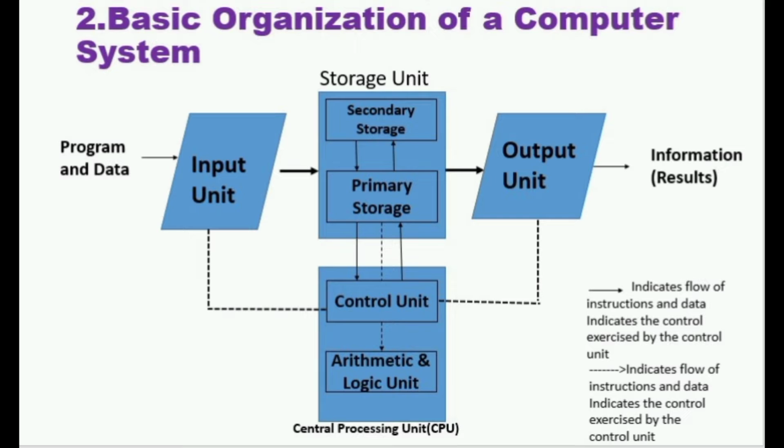Okay, so now we have the diagrammatic representation of the organization of a computer system. What is the diagrammatic representation? The first one is program and data, that is the input unit. In chapter 1 I already told what the difference between data and information is.